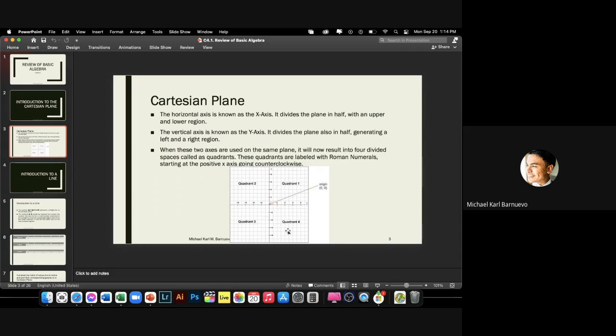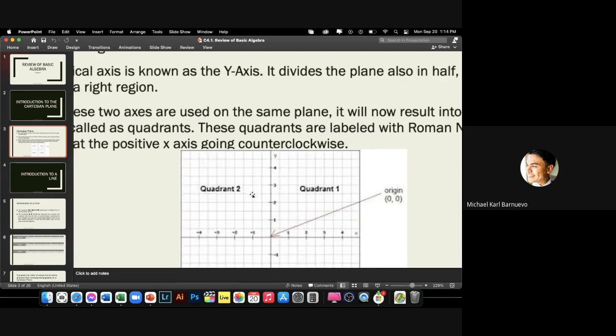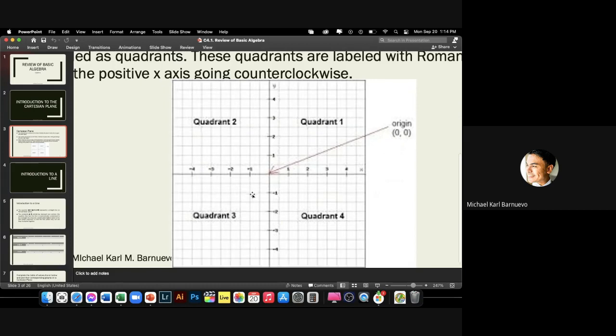So our clue here: x-axis is horizontal, lying flat. Y-axis is vertical, going up. Okay? When these two axes are used on the same plane, we now have 4 quadrants. Quadrant 1, 2, 3, and 4. In quadrant 1, both x and y are positive.